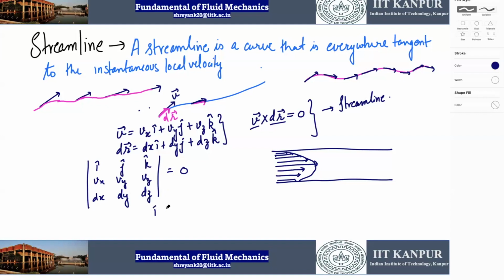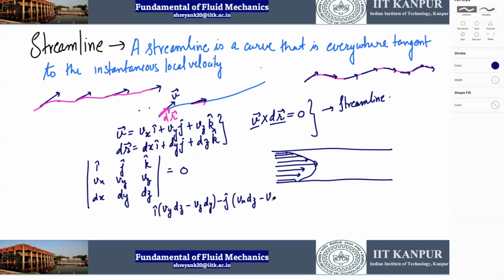So let me solve this determinant. So i cap means Vy into dz minus Vz into dy, minus j cap, Vx into dz minus Vz into dx.